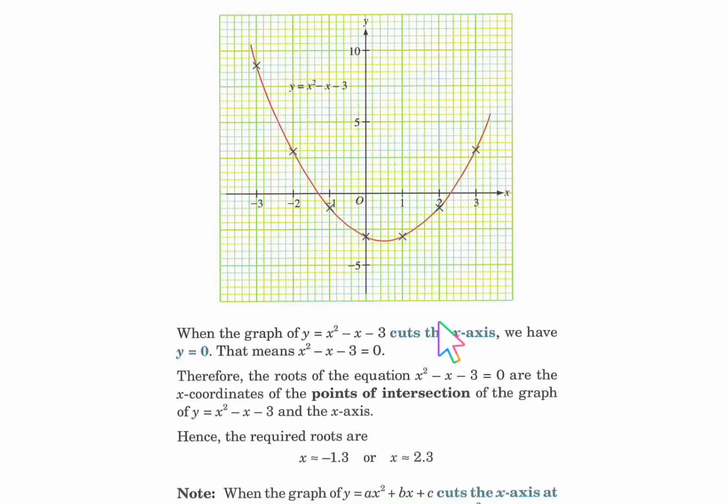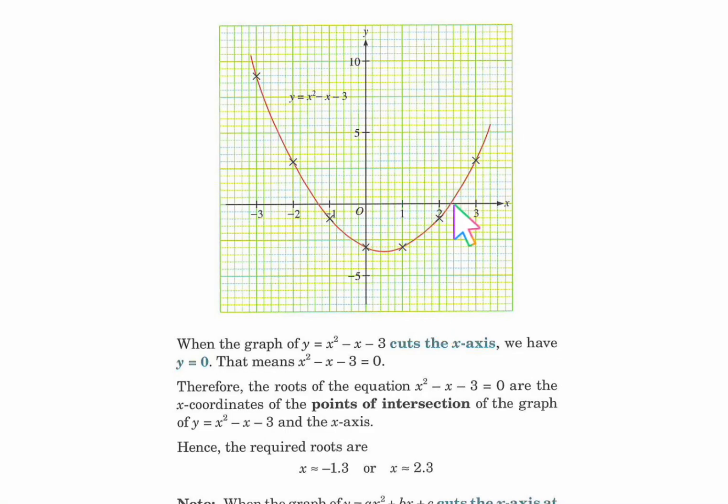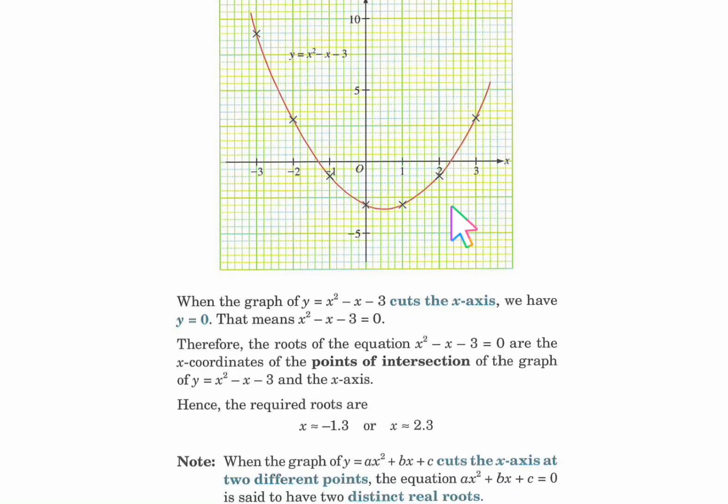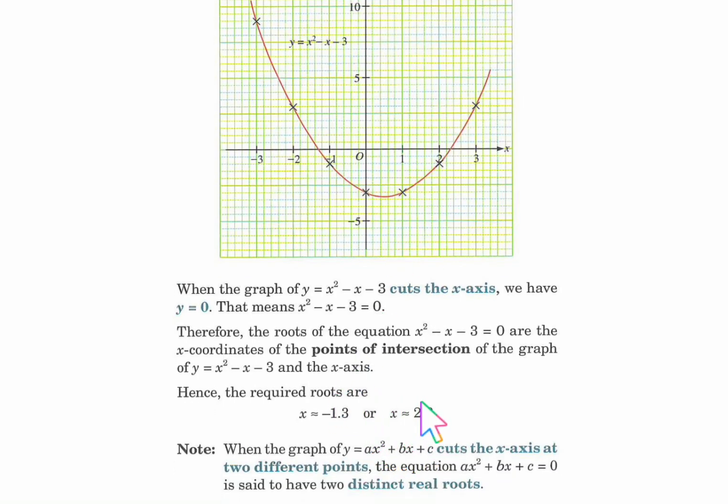Yep, there we go. That's their graph. So just like us, they had the roots at 2.3 and negative 1.3. Yep, right there. And then our vertex was at 1/2 and negative 3.25, which was right there. Okay, so we have two roots, which we found through the quadratic formula.